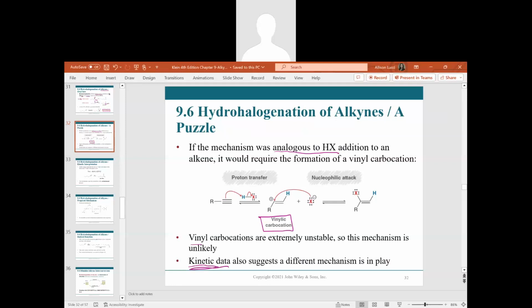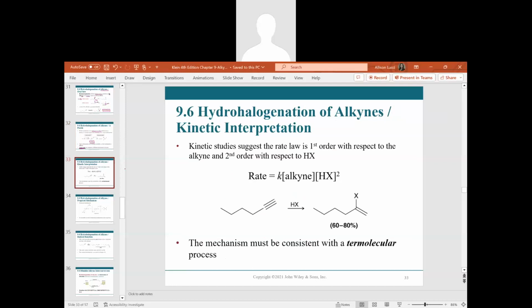So we have this kinetic data. We look at reaction rates, and we find that the rate of the reaction, of course, there's our rate constant k, but this rate is related to the concentration of the alkyne, and that's first order, we're told. So we can imagine there's an exponent of 1 here, right?